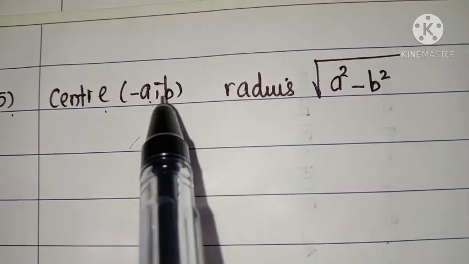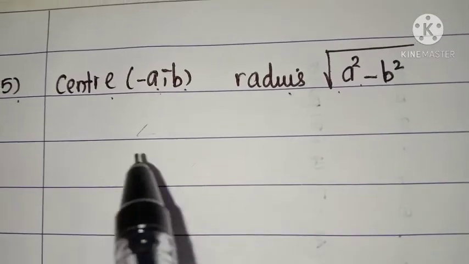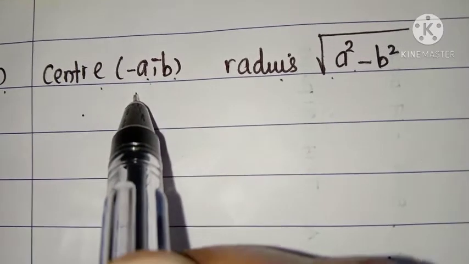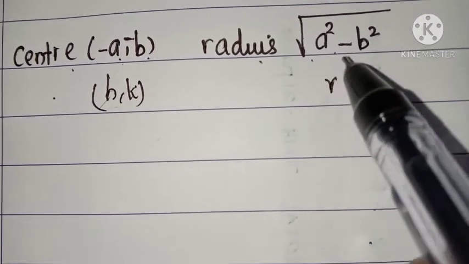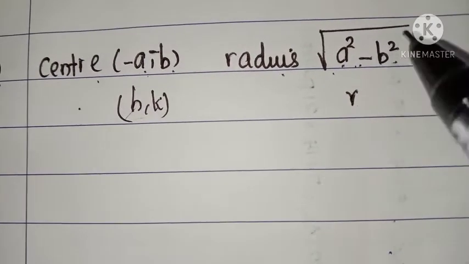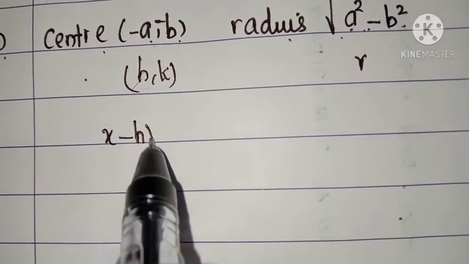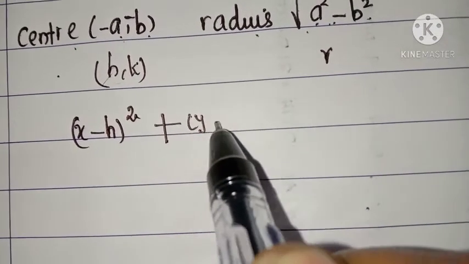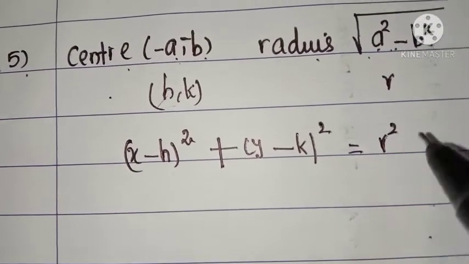Center is (minus a, minus b). Radius is root of a square minus b square. We need to find the equation of the circle. So let us take the center as (h, k) and the radius as root of a square minus b square. Now write the equation of the circle. The equation of the circle is (x minus h) the whole square plus (y minus k) the whole square is equal to r square.